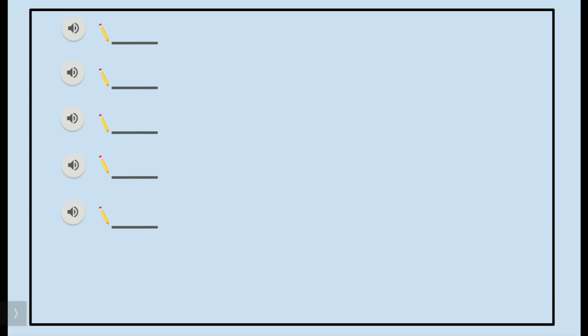Now write the letter pair that makes the sound that you hear. Here's the first sound. All. Number 2. Ow.